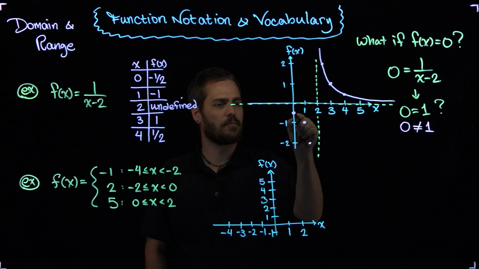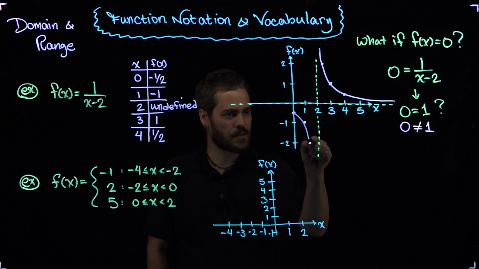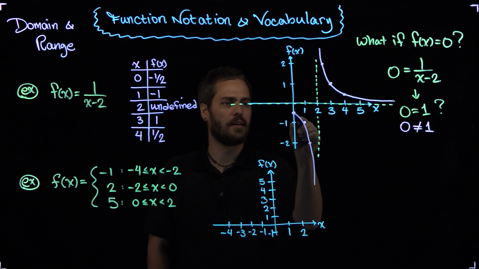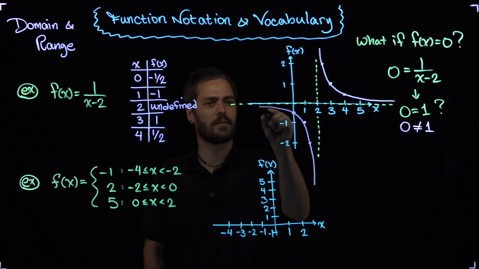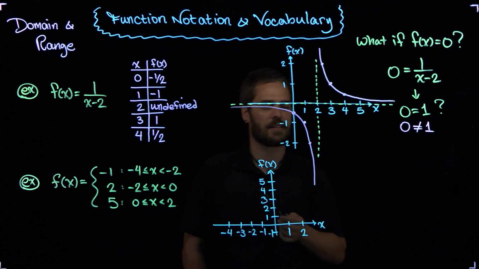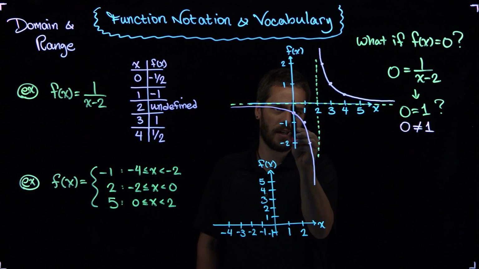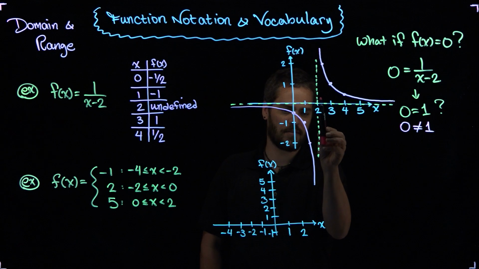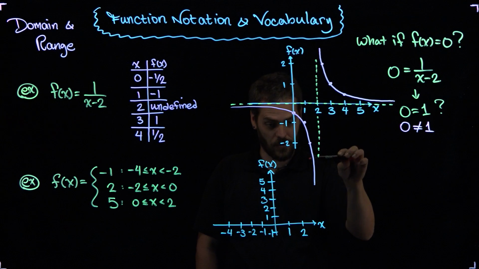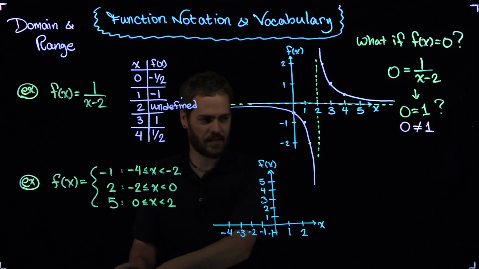Now the other one kind of goes down, and it keeps going down like that. And over here goes like that. So this has interesting behavior also. If we're approaching 2 from the left side, the value of f of x just keeps going down towards negative infinity.